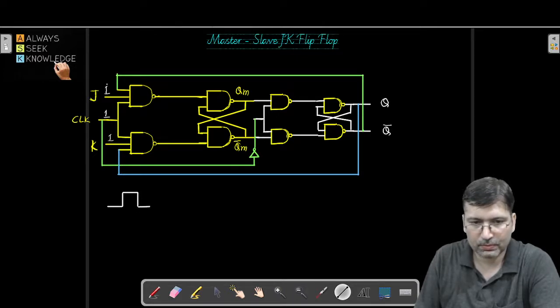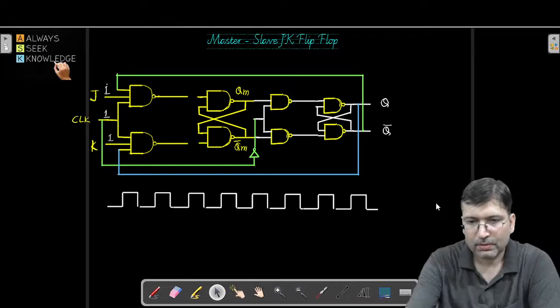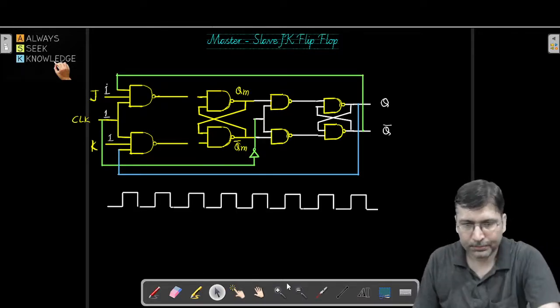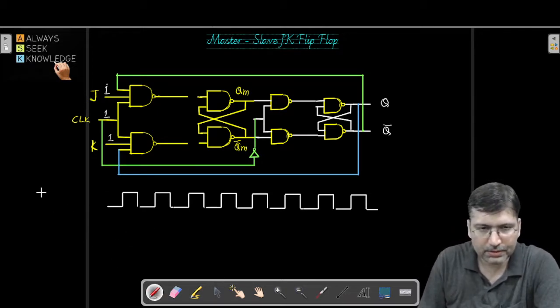So let's repeat it. Let's say this is the clock. Now if this is the clock, this is representing CLK.